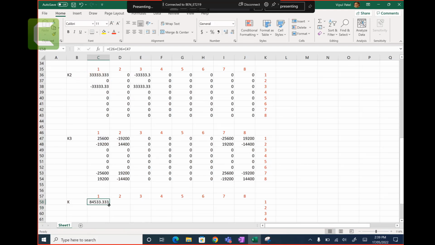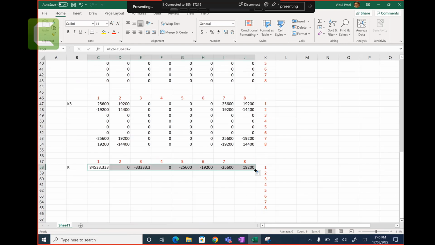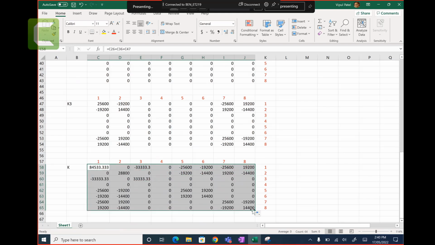Then use this plus sign. Bang. And then you just drag it all the way down. Now if I change the numbers up here, this number will change. You can even do more automated stuff, as interactive as you want to make it.